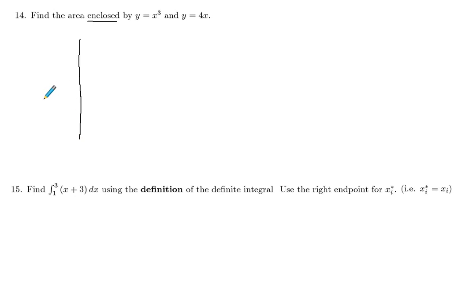So let's sketch our graph here first. Get our x and y axis going. y equals x cubed looks like this. And then y equals 4x. That's going to be a line. Use my line tool here. It looks like that.